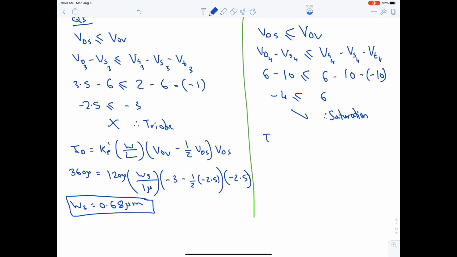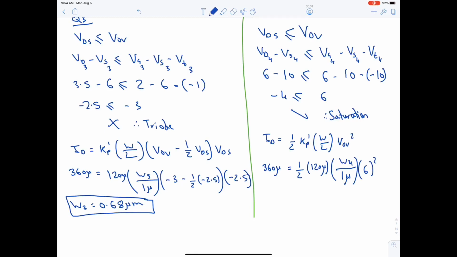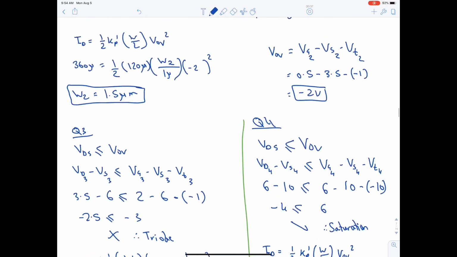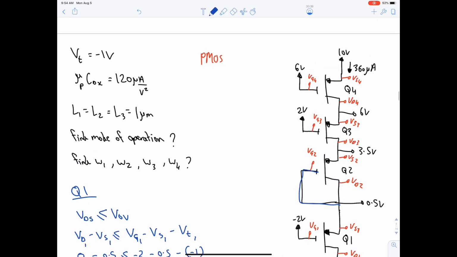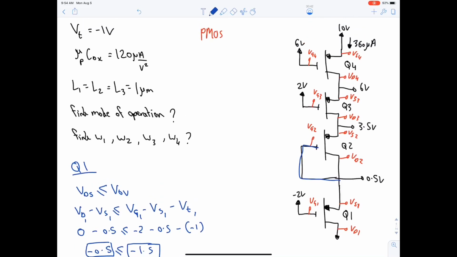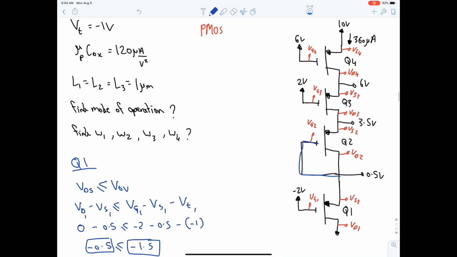Let's find ID now. Half Kp prime W over L VOV squared. ID is 360 micro equal to half 120 micro W4 over 1 micro multiplied by 6 squared. I think it's wrong. I want to double check. VG is 6, VD is 6, correct?